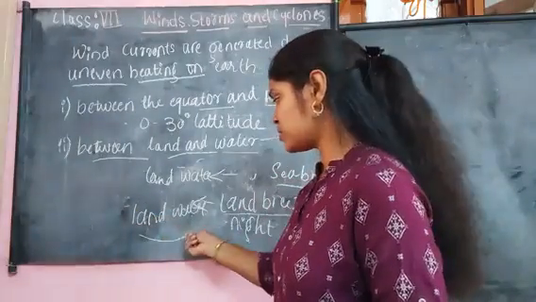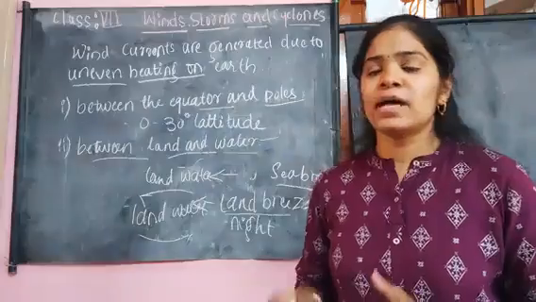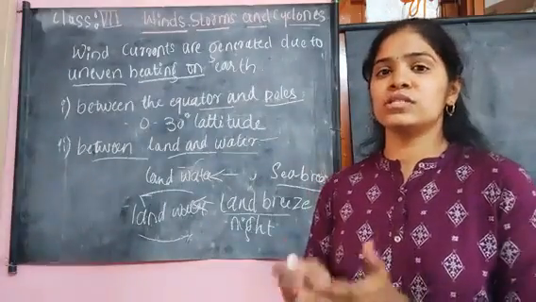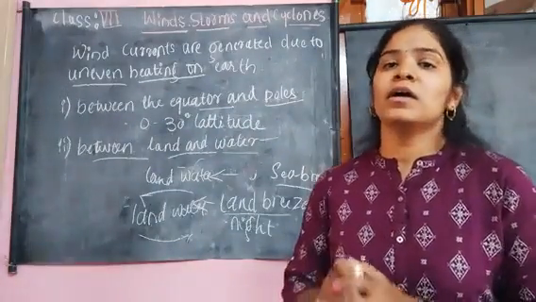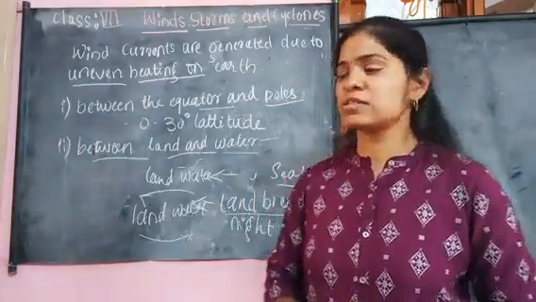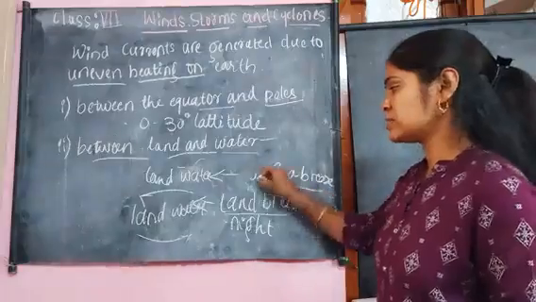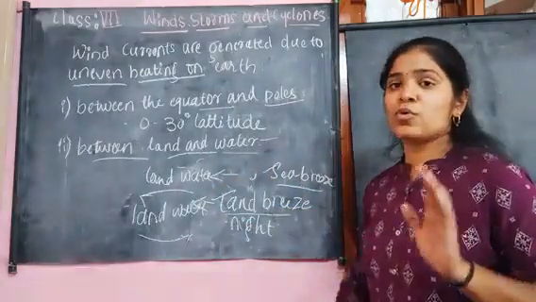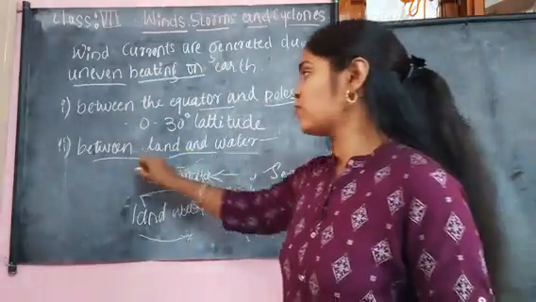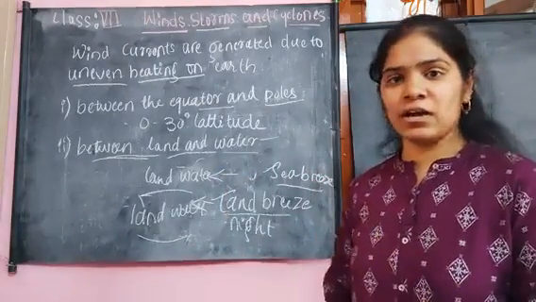So this process is continuous during the daytime as well as the night time. This usually occurs where there are oceans and seas, and only in those places can we observe the sea breeze and the land breeze. So why does this happen? Because of uneven heating between the land and the water.